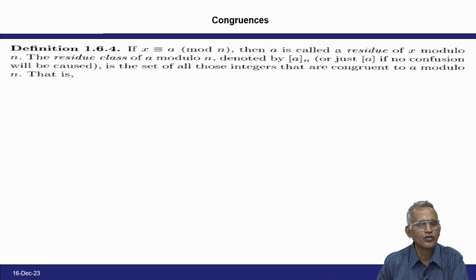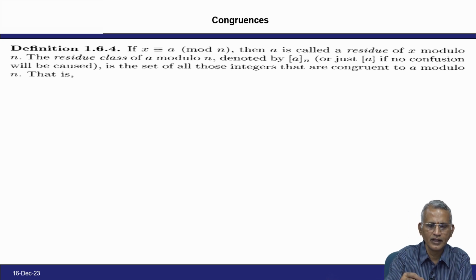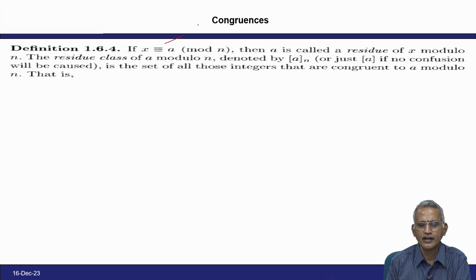Next we will go to the definition. Definition 1.6.4 says that if x is identically equal to a under modulo n, then a is called the residue of x under modulo n. The residue class of a modulo n, denoted by [a] with suffix n, or just [a] if no confusion will be caused, is the set of all those integers that are congruent to a modulo n.